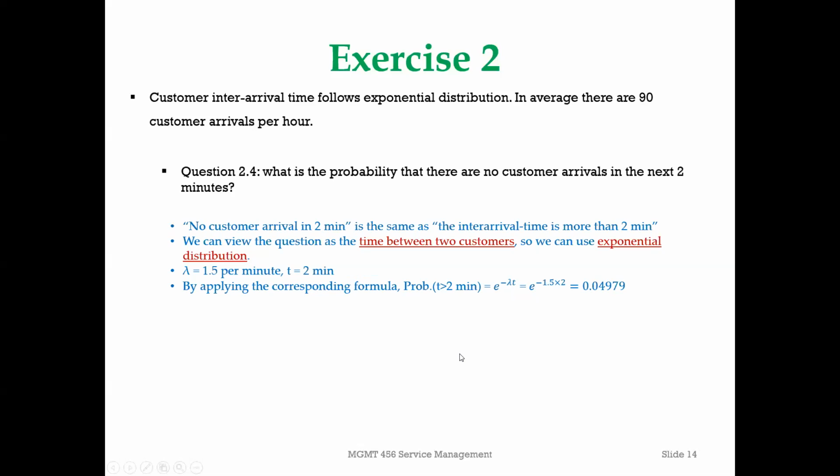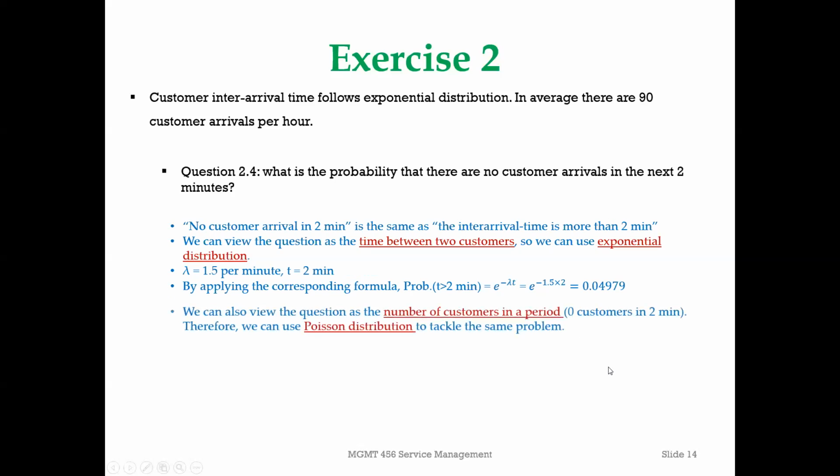On the other hand, you can also look at this as a Poisson distribution, because we're talking about no customer arrival in 2 minutes, or zero customer arrivals in 2 minutes, the number of customer arrivals in a period. So we can apply Poisson distribution.